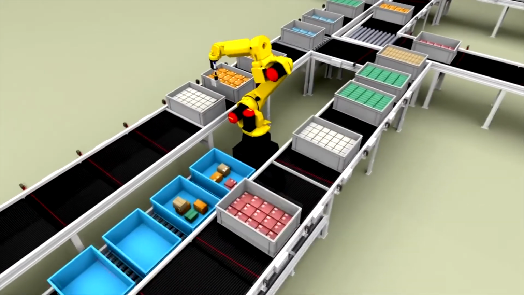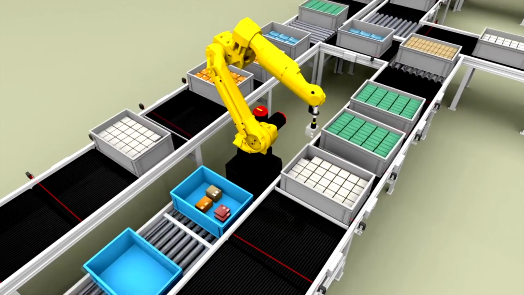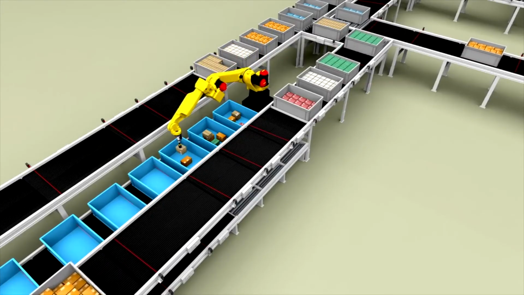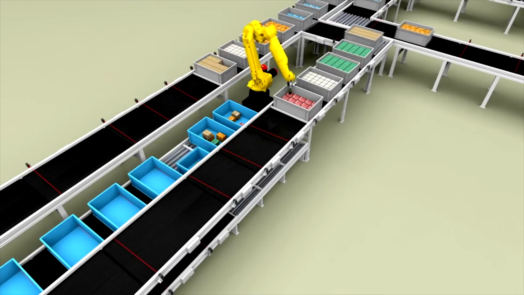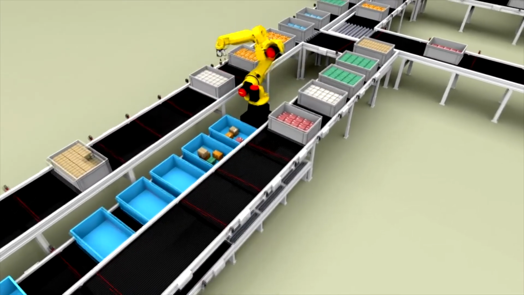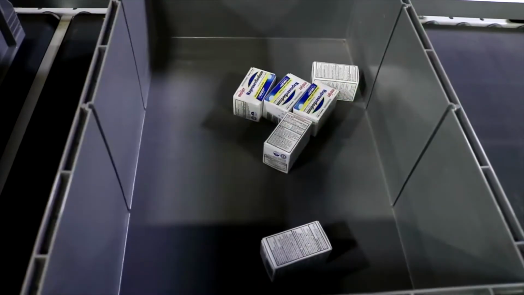The overhead vision system captures an image of the items inside the inventory tote. The robot picks the item and places it into the order tote. A continuous flow of inventory totes supports high order picking rates. At the same time, empty order totes flow into position for loading. When all items are picked, it flows out of the robotic pick cell, then to packing and shipping.